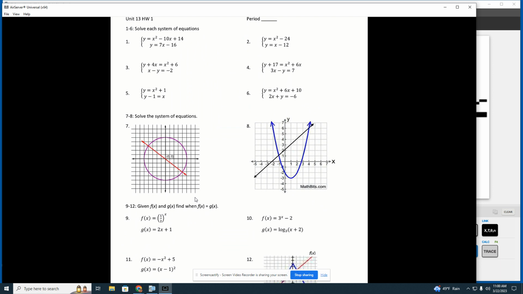And number 9 is an exponential and a line, and that line goes almost right through the middle, and you'll never cross again. So number 6 and 9 have one solution, the rest have two.